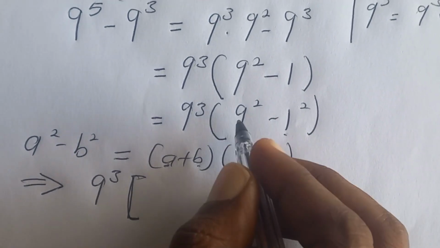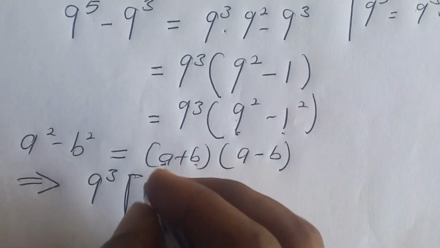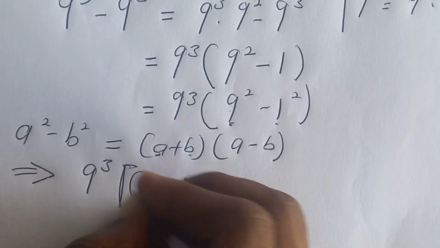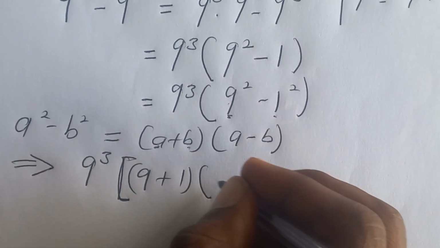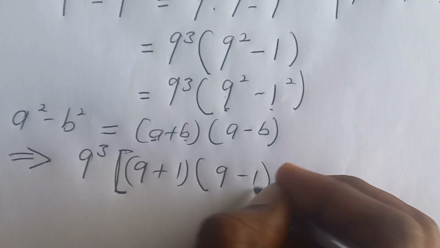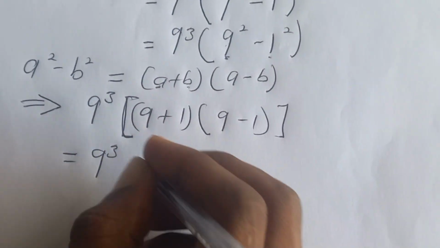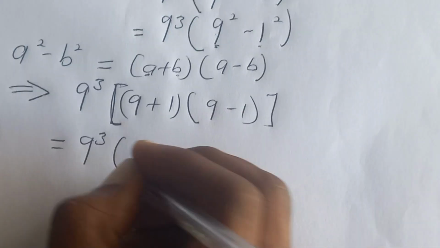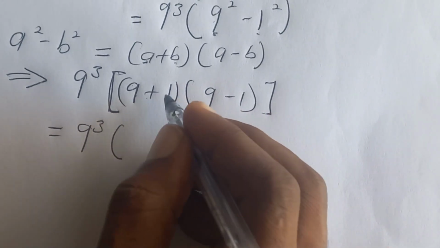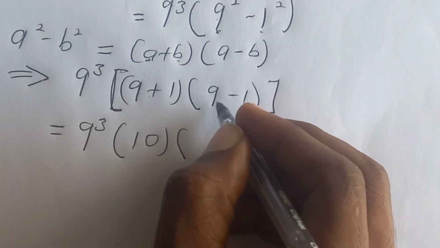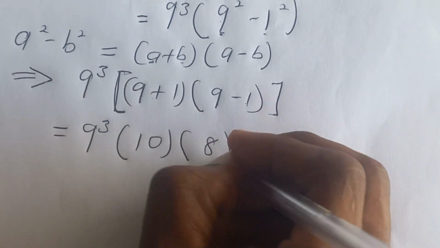So our a is 9, b is 1. So we get 9 plus 1 and then 9 minus 1, like this. Which is equal to 9 cubed into bracket 9 plus 1 is 10, then multiplied by 9 minus 1, which is 8, like this.